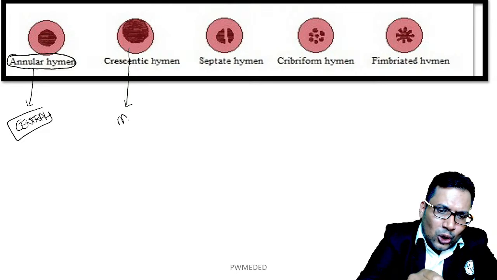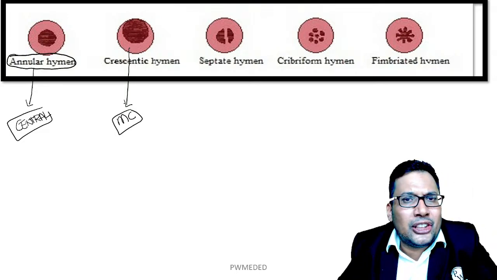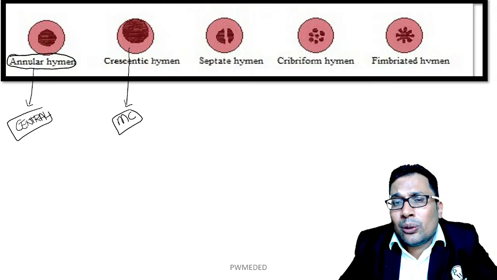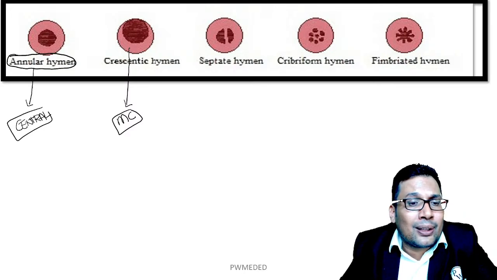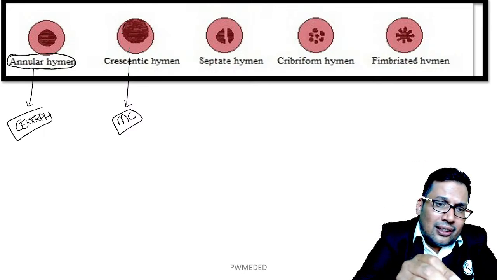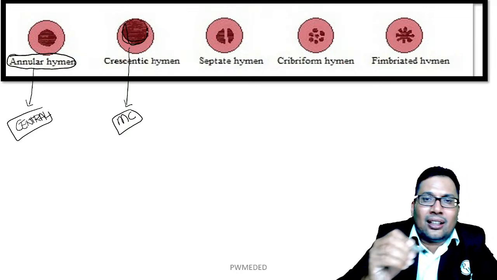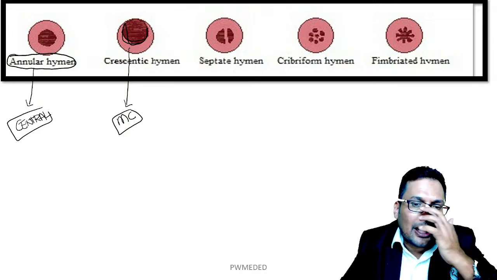It is the most common hymen. In NEET PG 2022, the question was about septate hymen. Remember crescentic hymen, it is moon shaped, a fold of mucous membrane hanging anteriorly or posteriorly.